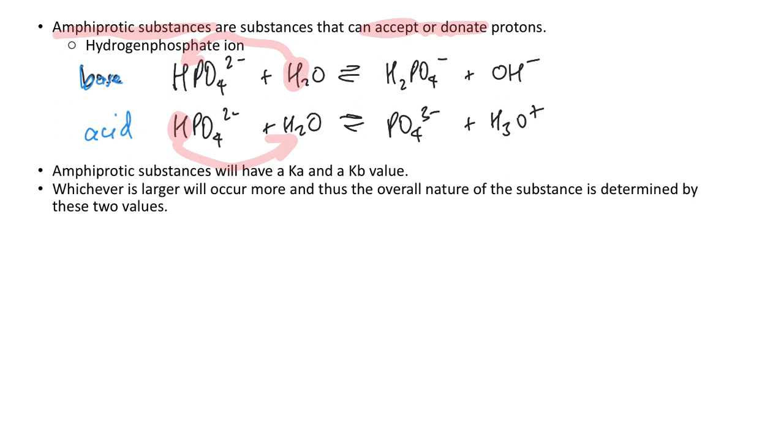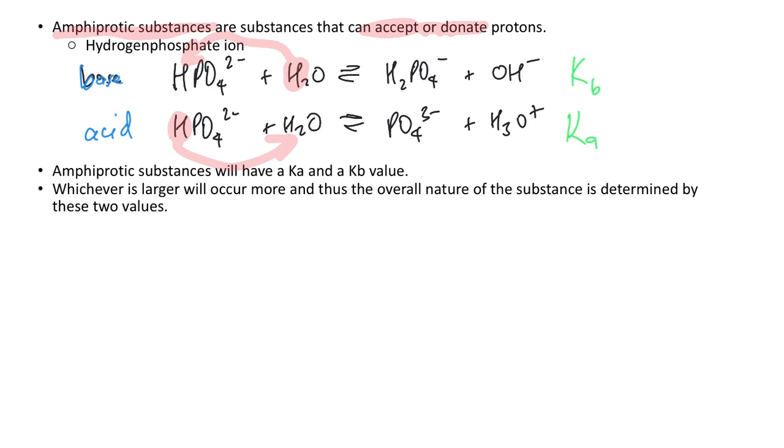Because the one at the top is acting like a base, this will have a Kb value, and this will have a Ka value. So it can accept and donate protons. Other things that can do so are the dihydrogen phosphate ion or the hydrogen sulfate ion, right? But this one is just an example.